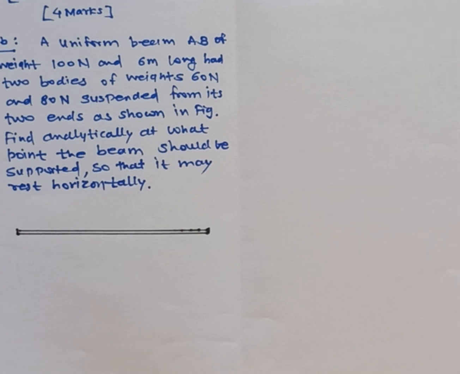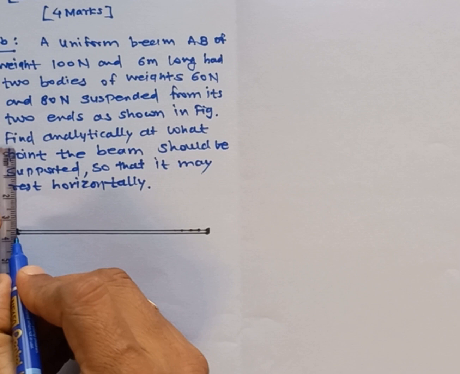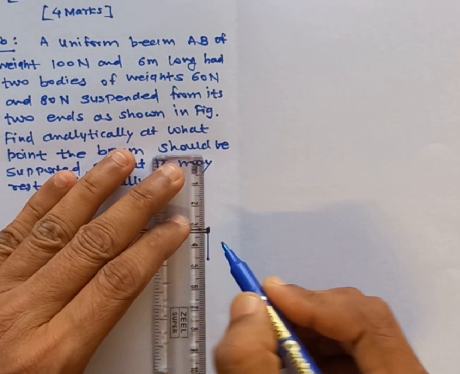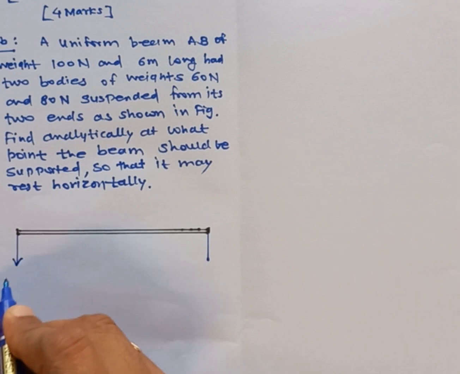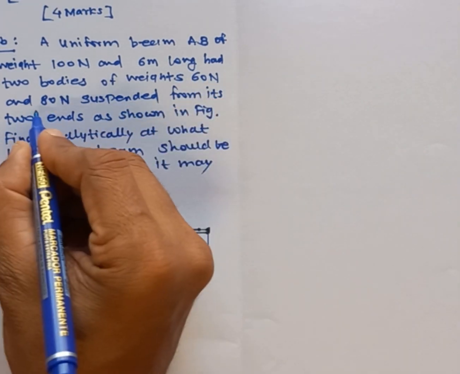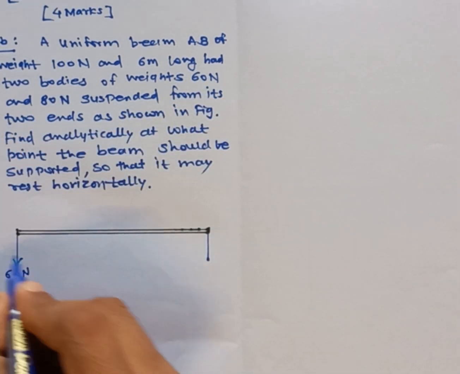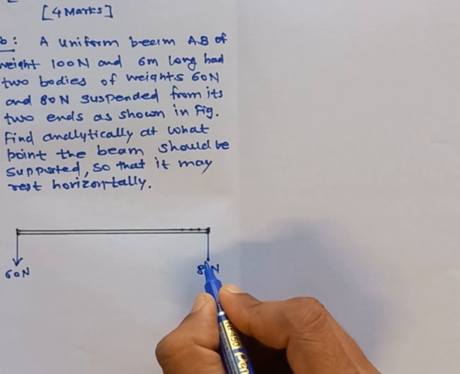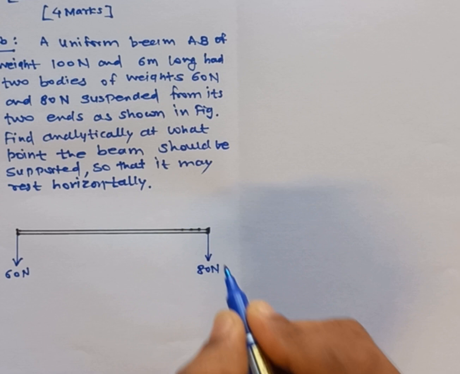Otherwise it is very simple from the statement also, right? You can see, you will understand. They have given here that 60 Newton and 80 Newton are suspended. So 60 Newton and 80 Newton are suspended like this, right?